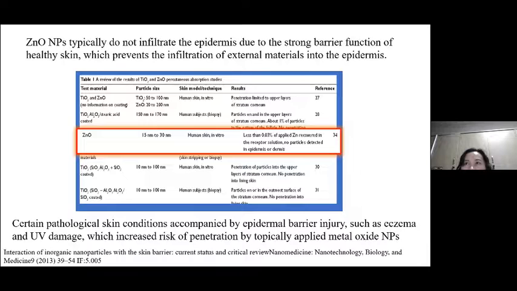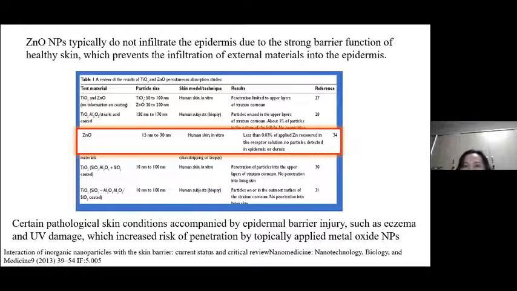And it is reported that zinc oxide nanoparticles typically do not infiltrate the epidermis due to the strong barrier function of healthy skin. Healthy skin can prevent the infiltration of external materials.